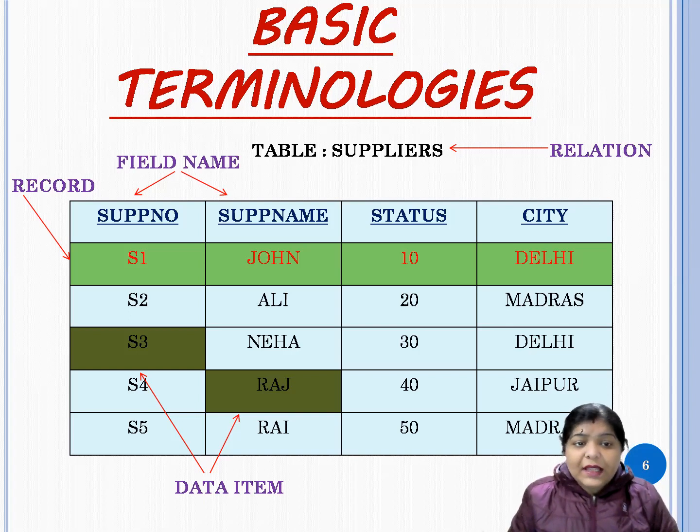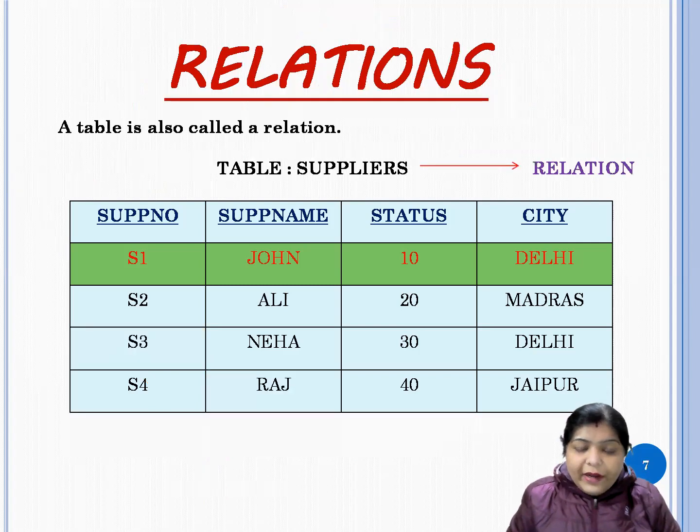Again, I am saying the column names are known as field names, meaning whatever the heading name is: supplier name, status, and city. These are all field names. These are all known as columns. Okay. Relation. So what is a relation? A table is also called a relation. So whatever the table name is, that is also known as a relation.